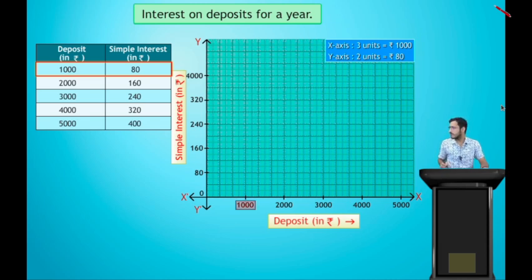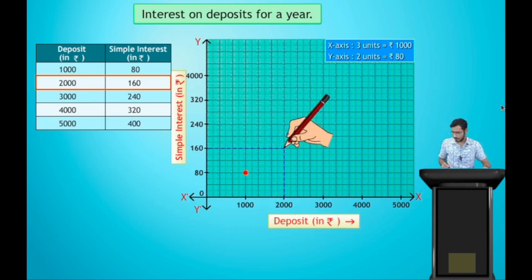For 1000, the simple interest is rupees 80. So on the x-axis take 1000 and take height 80. The first point is (1000, 80). Now the second point, (2000, 160): on the x-axis 2000, taking height 160.